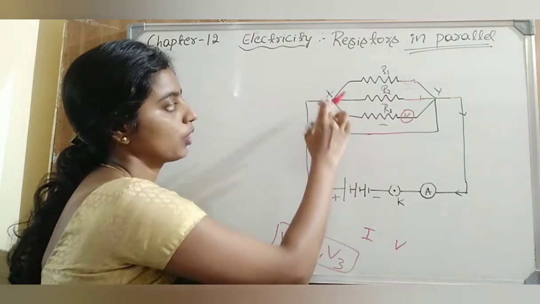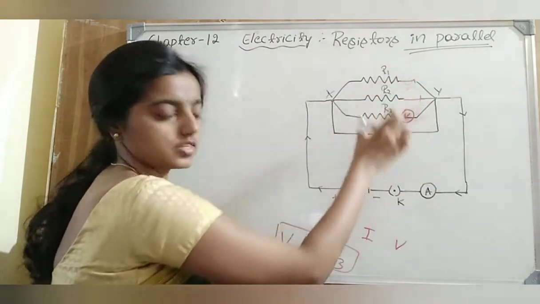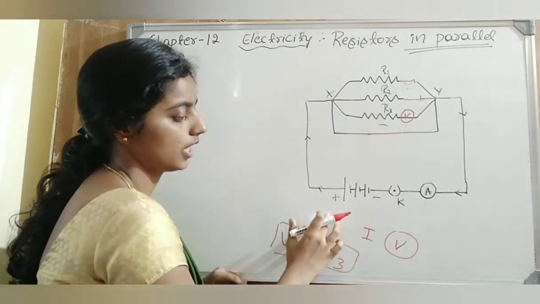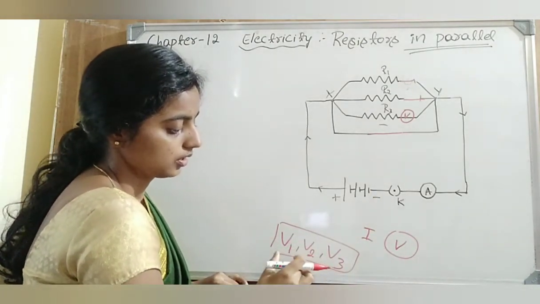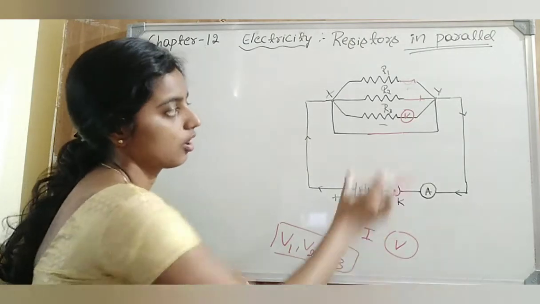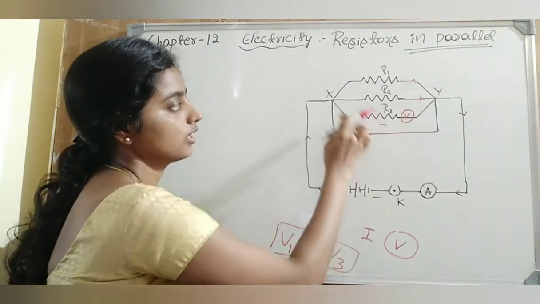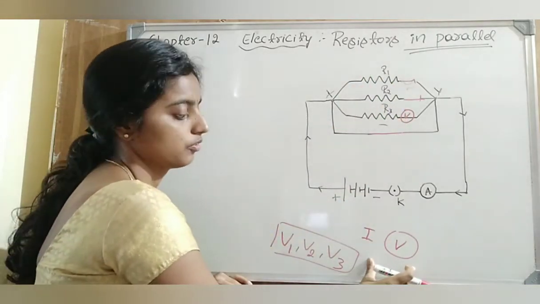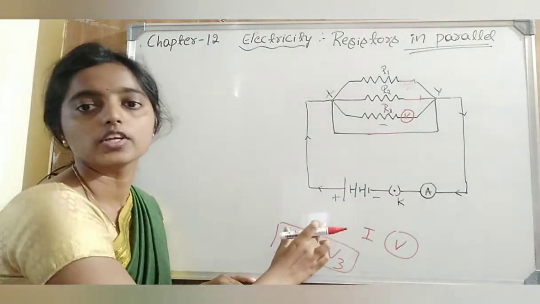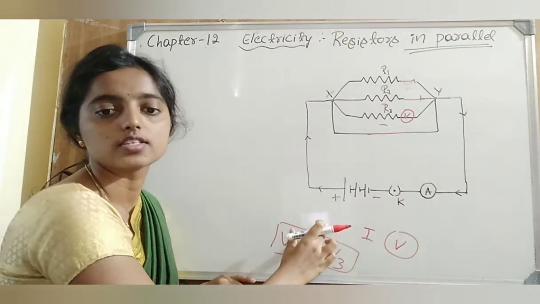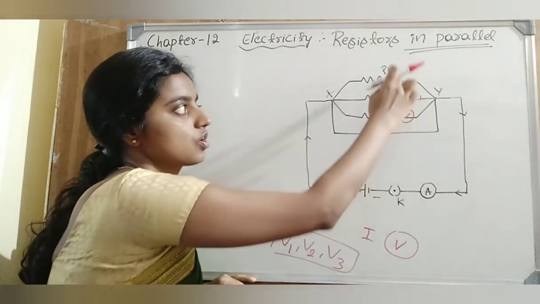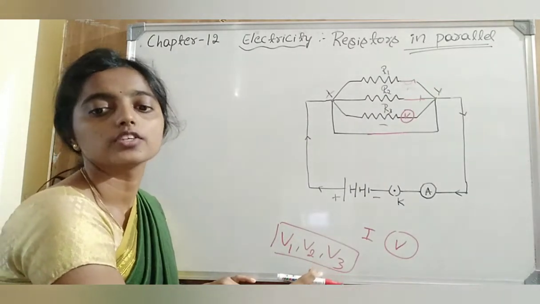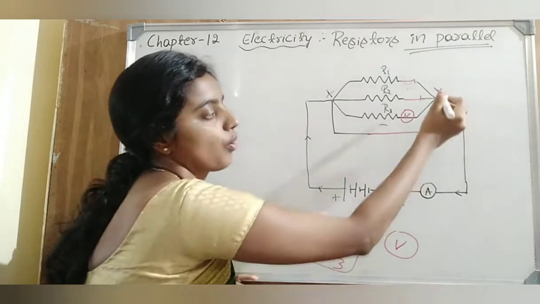And we got one more value across these three resistors, that is V, right? So now here we understood, after looking at the three potential difference values of each individual resistor and the voltmeter reading of all these three resistors, that the potential difference across each resistance is the same, that is, all V1, V2, V3 are the same and equal to the potential difference across the combination.